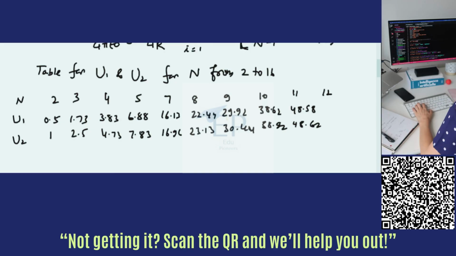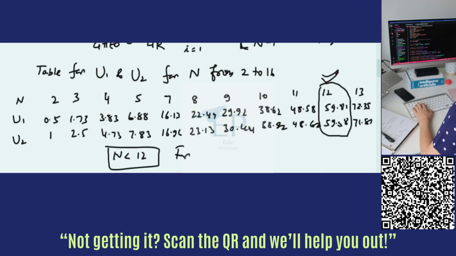For 12, 59.81, 59.58. For 13, 72.35, 71.81. So this quantity is matching our result. This is important. So we can say n should be less than 12 for U2 to be greater than U1.